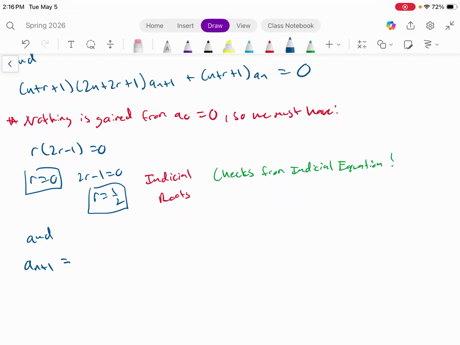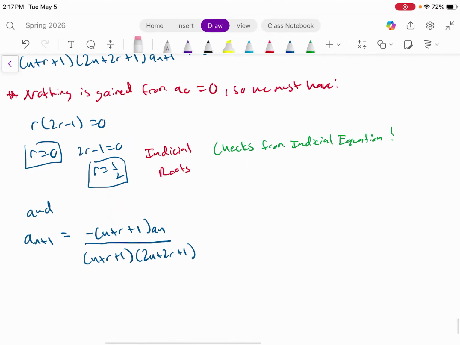And so what I'm left with is negative n plus r plus 1 an, all divided by n plus r plus 1, 2n plus 2r plus 1. Oh, excuse me, we already solved for that. I'm just copying it down.